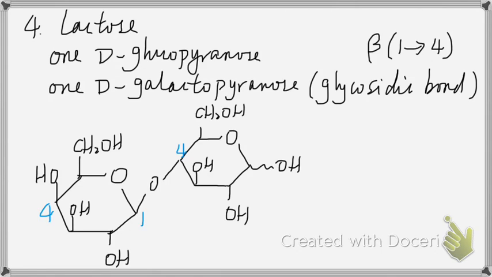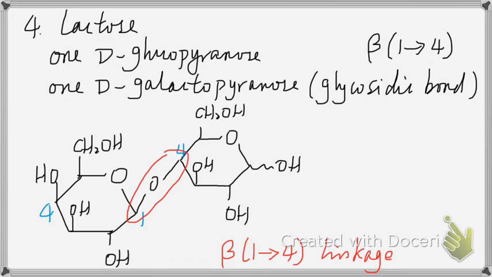So carbon 1, the oxygen will be pointing up, and it's forming a linkage to carbon 4 of the second unit, which is glucose. So on carbon 4 of the second unit, this O is pointing down. So this is a beta 1,4 glycosidic linkage. That's the lactose.